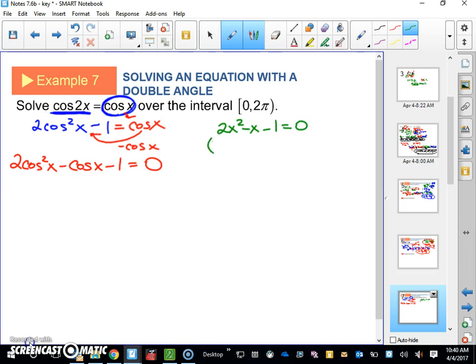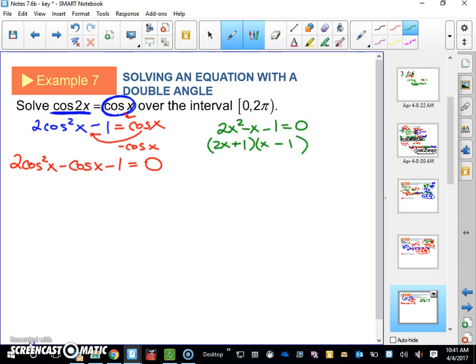And when I factor this, I know there's a 2x and an x, and I need two numbers that multiply to -1. Remember, to do that, you think about FOIL. Whatever goes over here needs to be multiplied by the 2, and whatever goes here isn't multiplied by the 2.